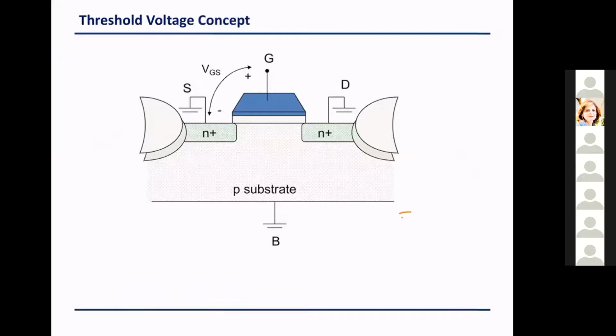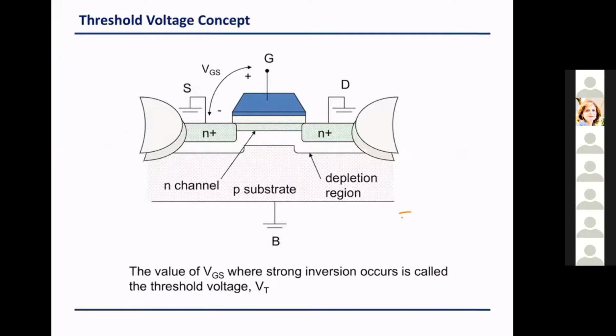So this, in terms of the threshold voltage, he is explaining to me how the depletion region forms, and then that I will get the channel, and when the N channel exists, the value of VGS, and it is relative, where strong inversion occurs, is called the threshold voltage.